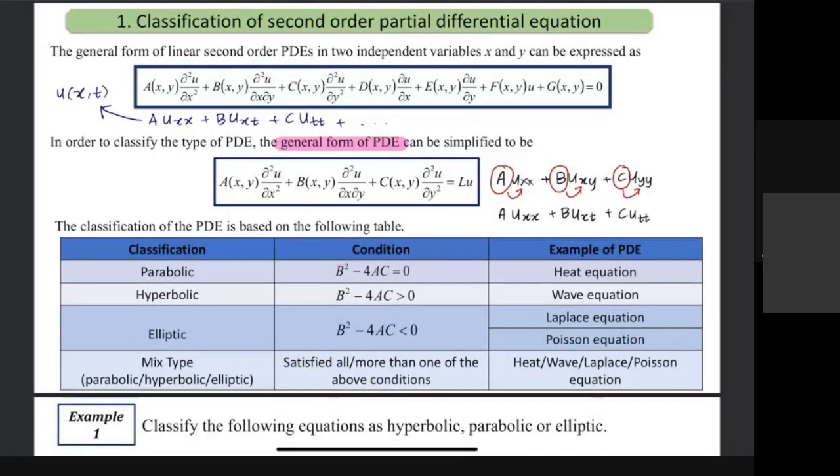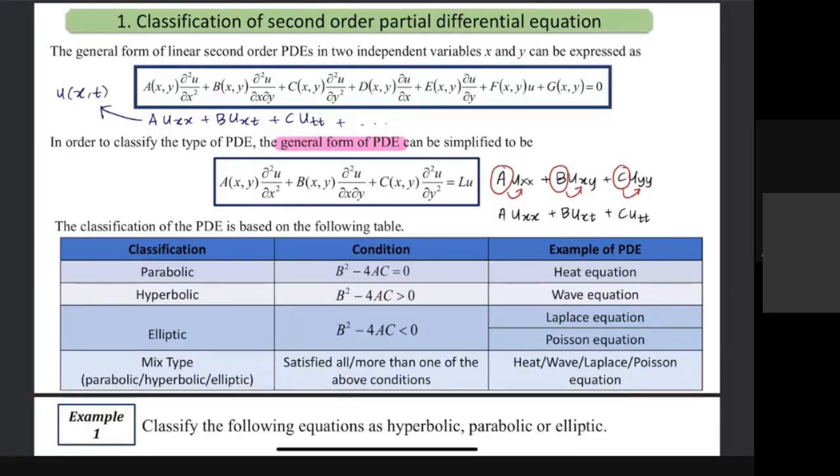Okay, when you get this one equal to 0, then the equation is parabolic. If greater than 0, for example, you get 4, then this equation is hyperbolic.